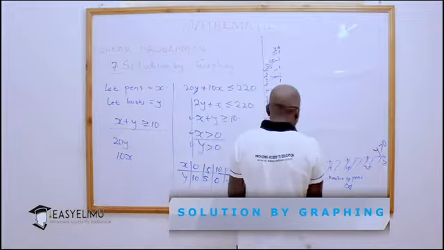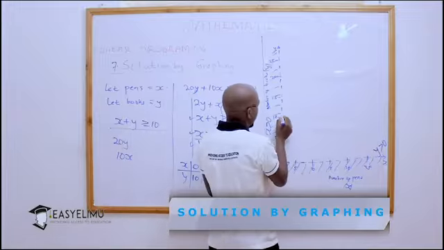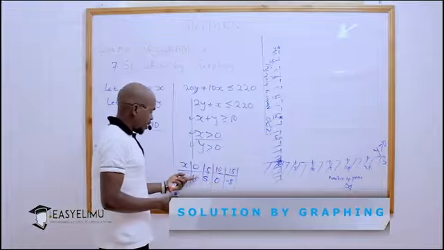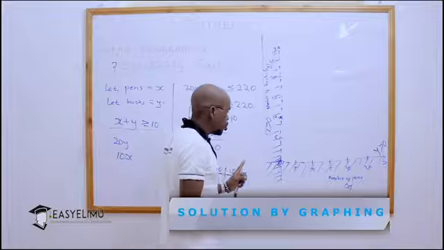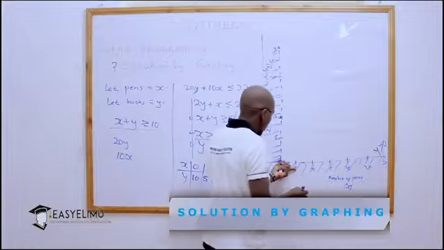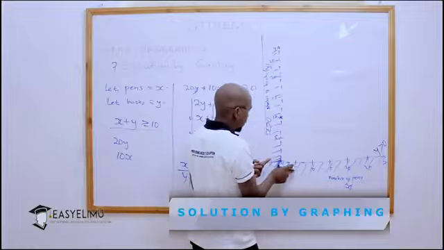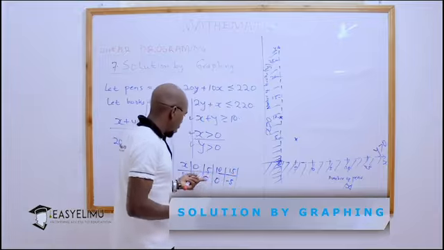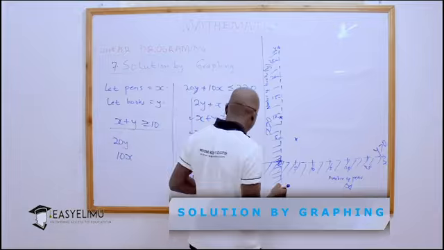So if x is 0, then the line will be passing through this point. If the number of pens is 5, then that of books should also be 5. So x is 5, and we find it somewhere in the middle there. And then 10, 0.